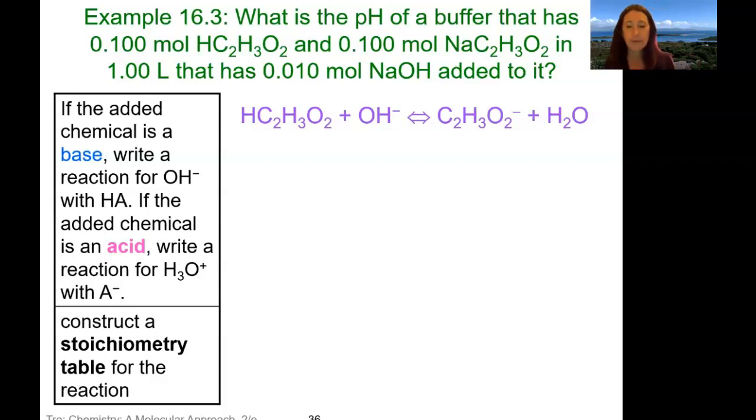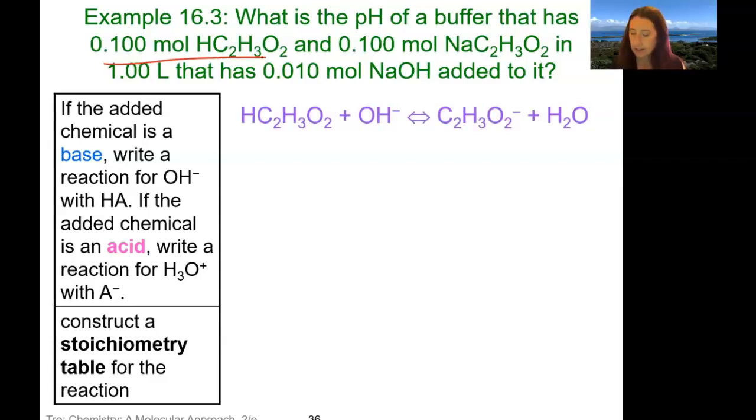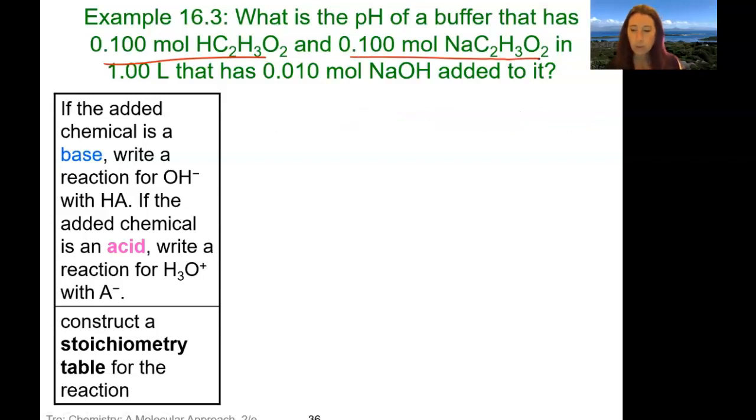Okay, so now, when we see this problem right here, what is the pH of a buffer that has 0.1 mole acetic acid and 0.1 mole sodium acetate, which again, we don't care about this, we only care about that, in 1 liter, and we're adding a base, right? So we're adding a base to this. So this is going to be our acid, our HA, plus OH minus.